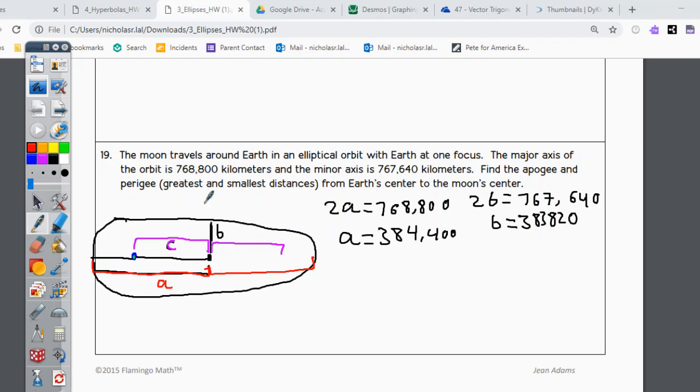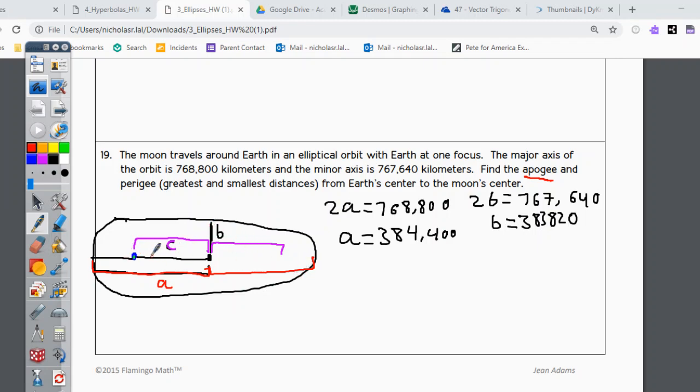Okay, so the apogee, which is the longest distance, is just 2A. So the major axis is 2A.